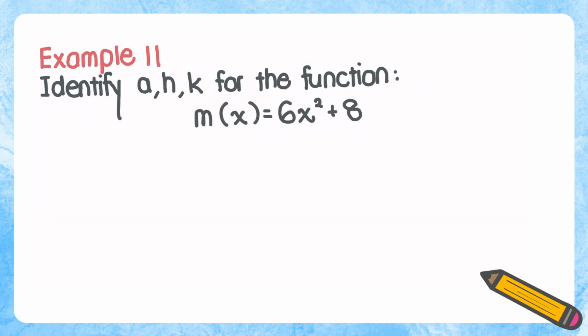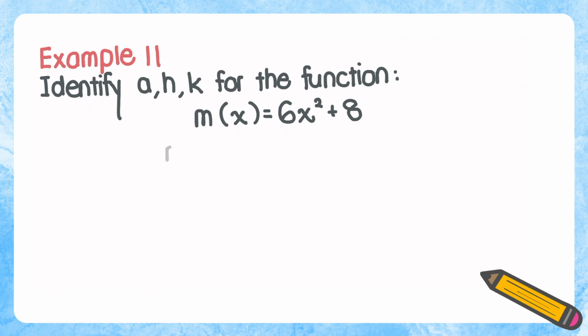Here's our last example. Identify a, h, and k for this function. M of x equals 6x squared plus 8. What is different here?